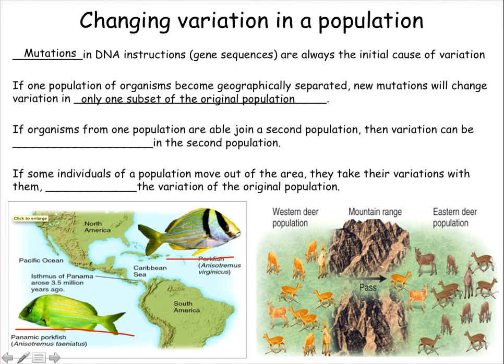So any new mutation in one fish will change the variation in only one subset of the original population. In this way, we end up getting two separate species from our one original species.